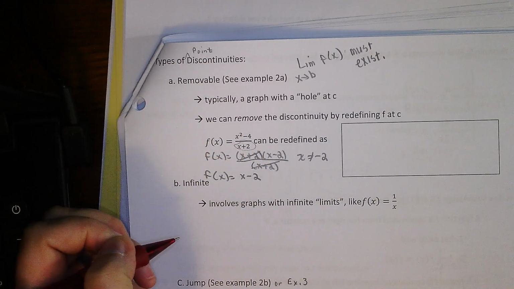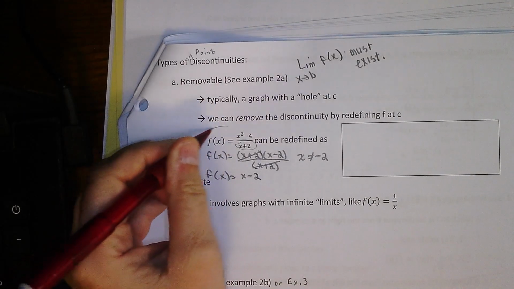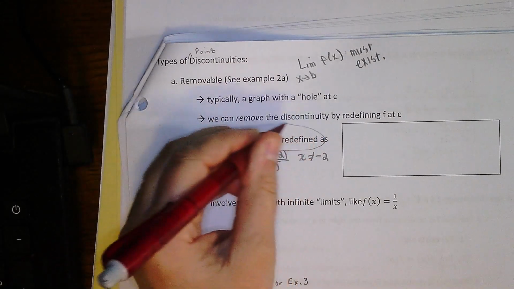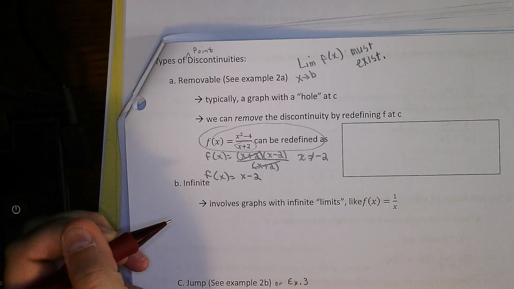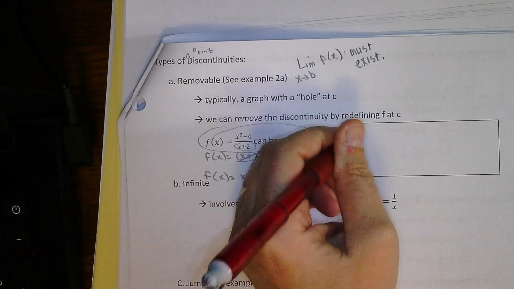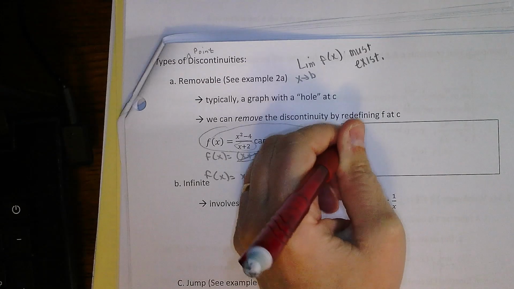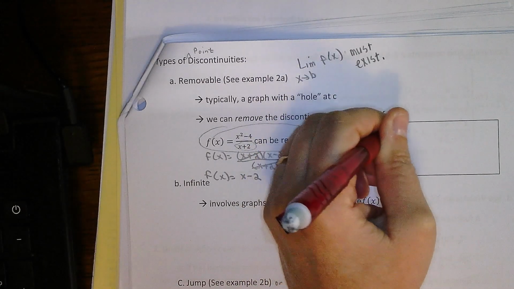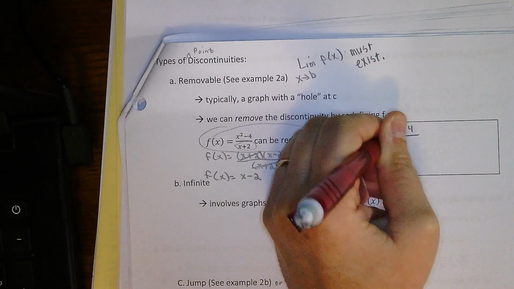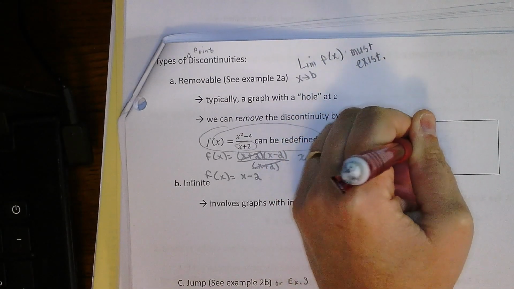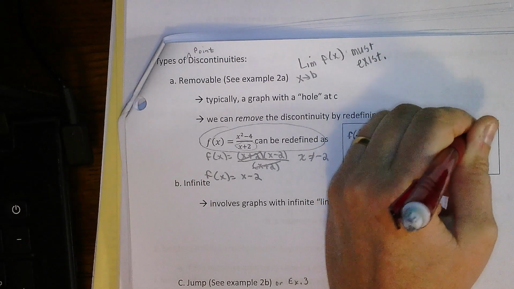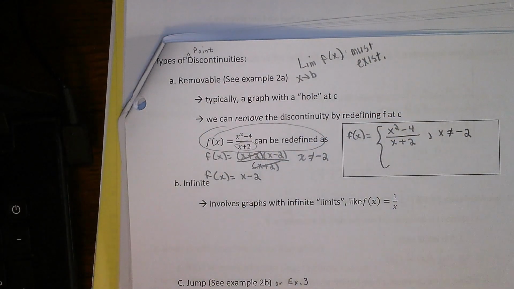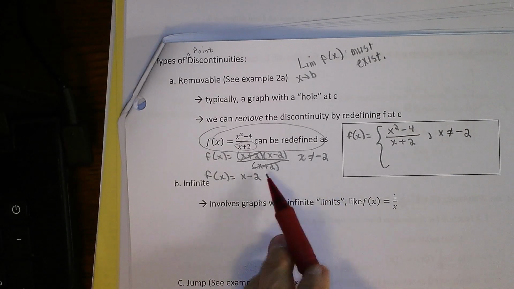If I wanted to remove the discontinuity, I can redefine this function as f of x equals x squared minus 4 over x plus 2, as long as x doesn't equal negative 2. That function's fine, but when x equals negative 2, there's a hole there.